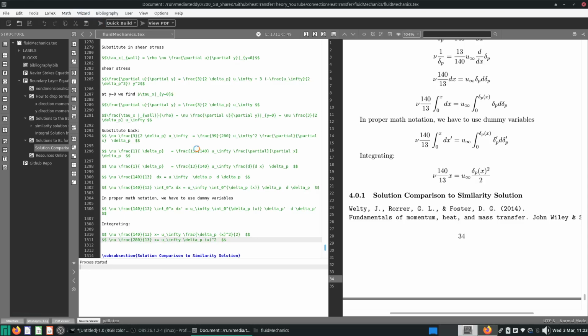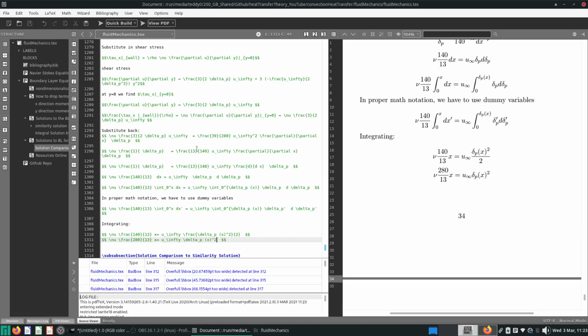And then we'll sort of have to do a square root. Okay? And of course, you'll notice something. You have u infinity, x and nu here, so you can sort of see a Reynolds number forming. But just to make it more obvious, let's make delta p x the subject.